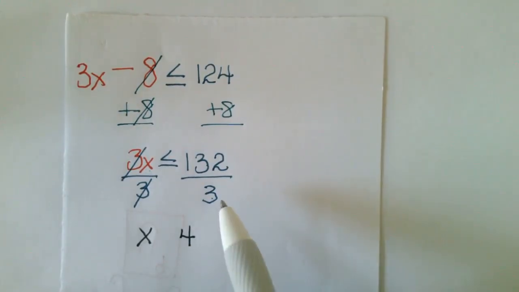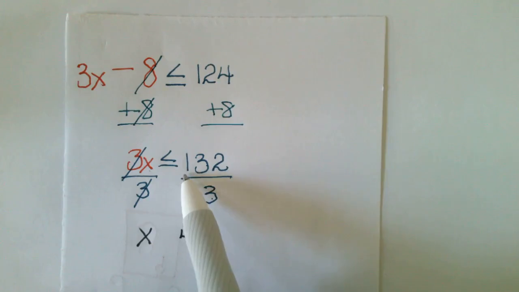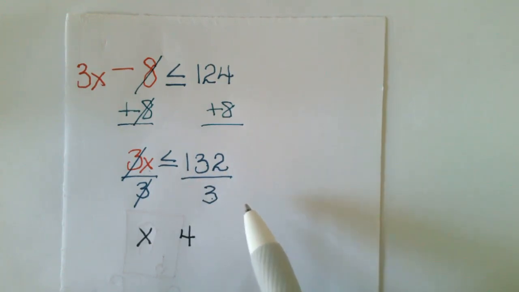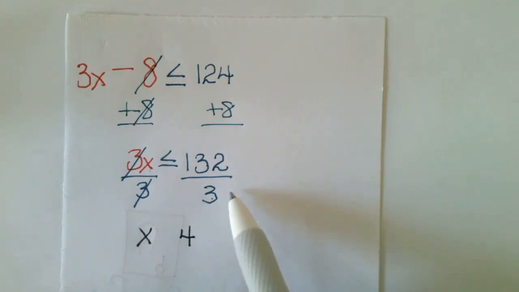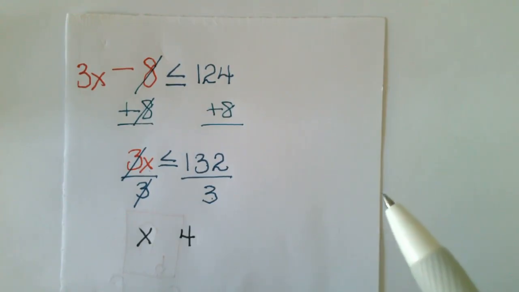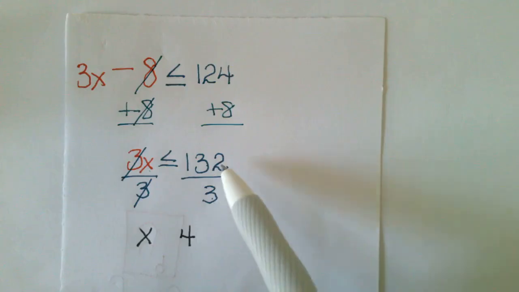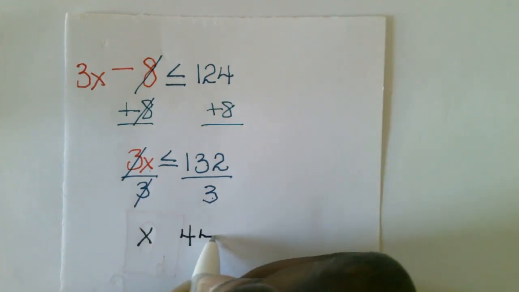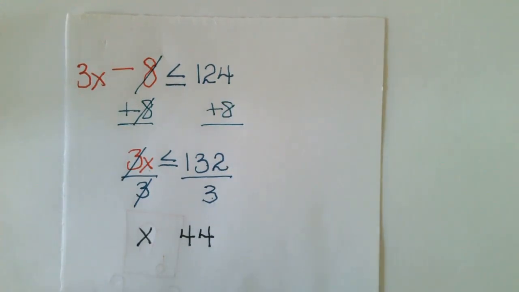Because 4 times 3 gives me 12. So 13 minus 12, that gives me a remainder of 1. Bringing down the 2 makes it into a 12. So how many 3's can go into 12? Again, 4. So 44.